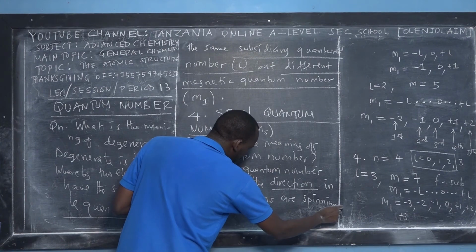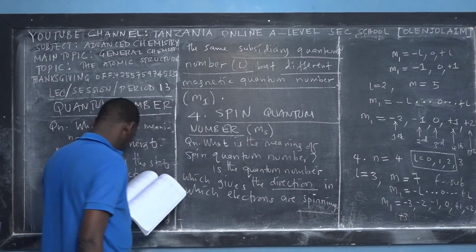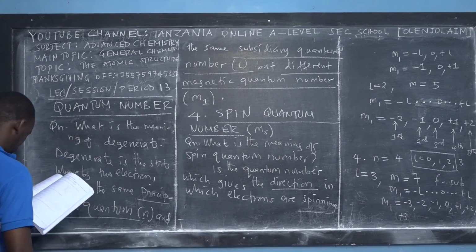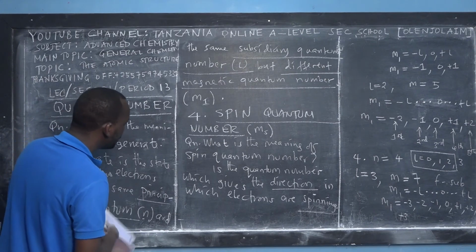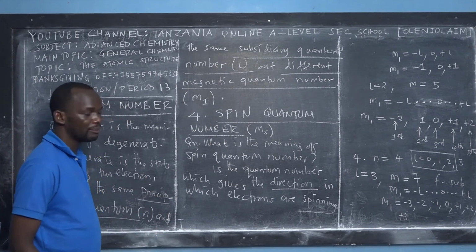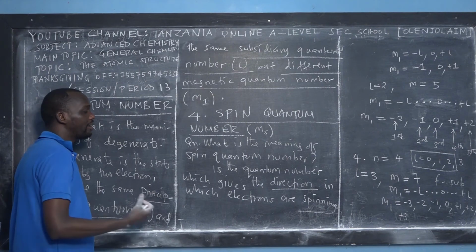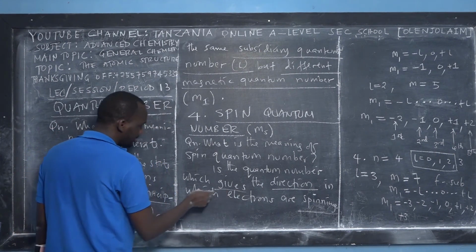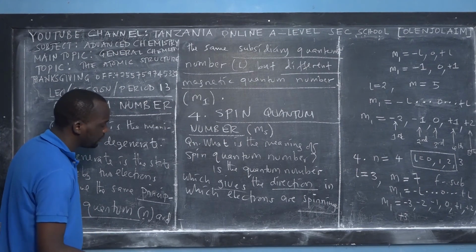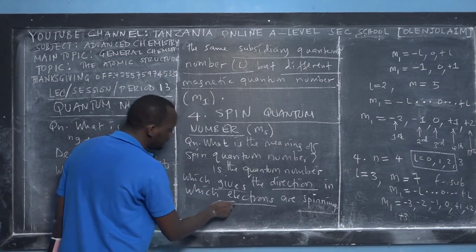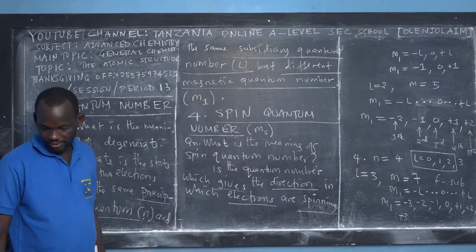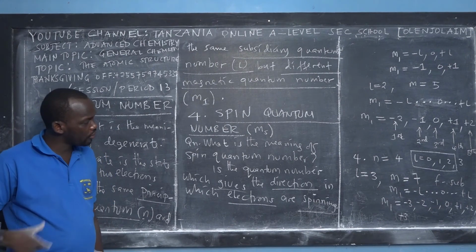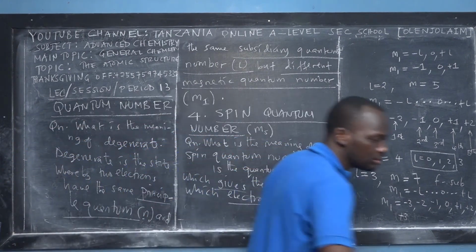So the spin quantum number is the one which gives the directions in which electrons are spinning. Spinning means the orientation of electrons.